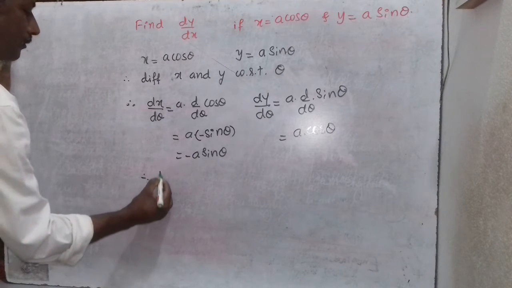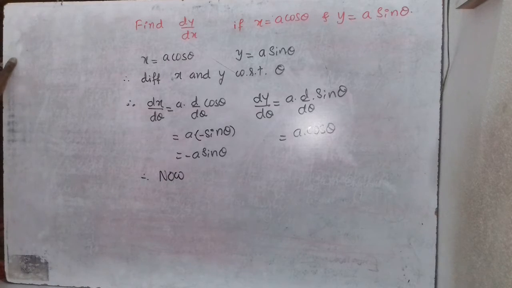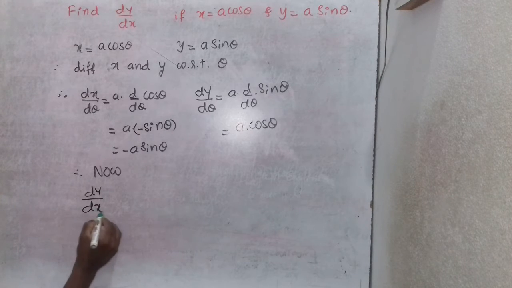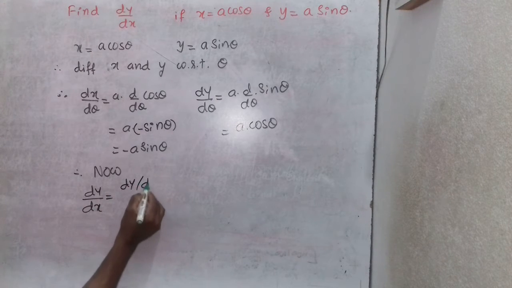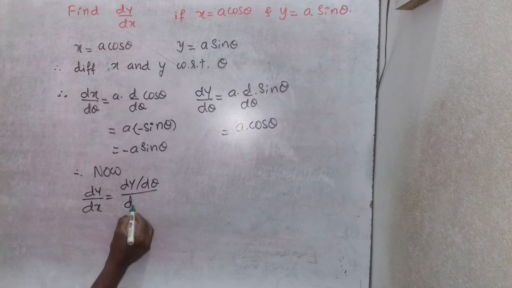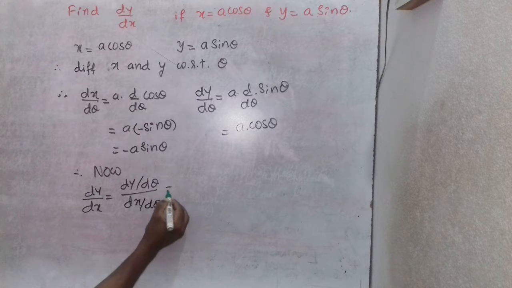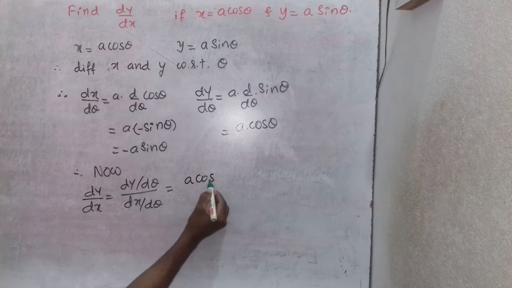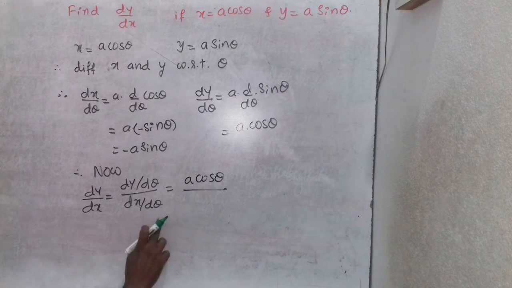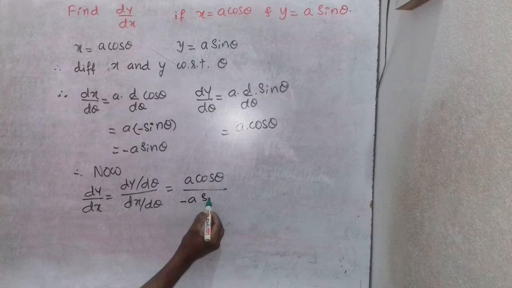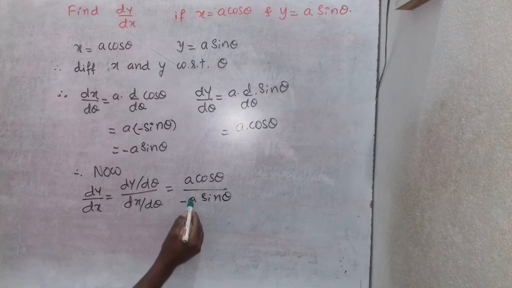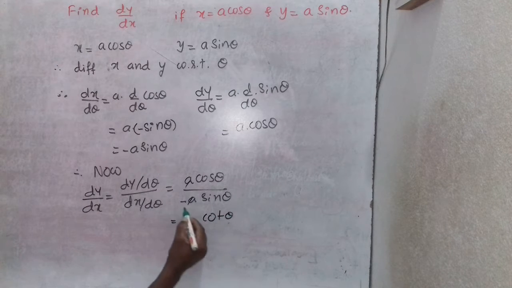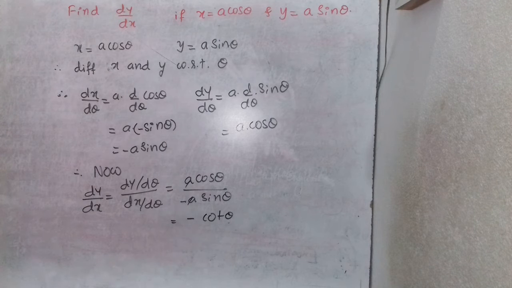Now dy by dx equals dy by d theta divided by dx by d theta. dy by d theta is a cos theta, dx by d theta is minus a sin theta. So a cancels, cos by sin is cot theta, and there is a minus, therefore minus cot theta.